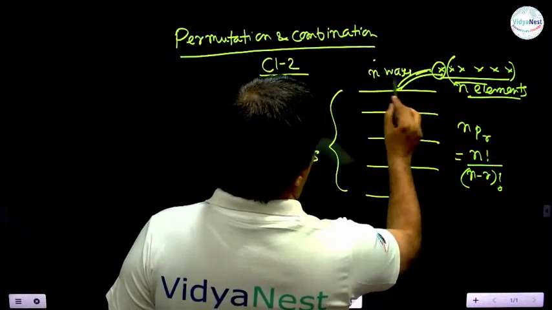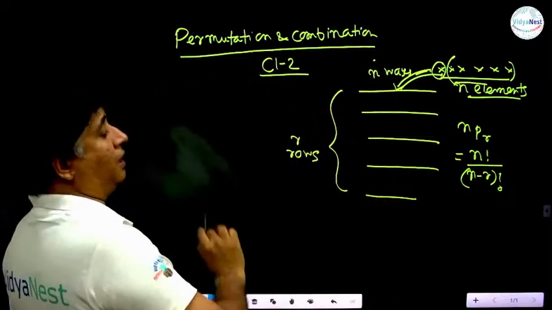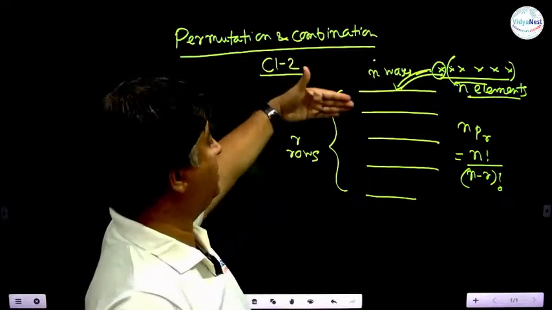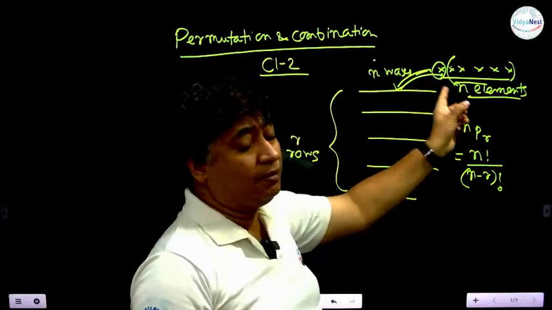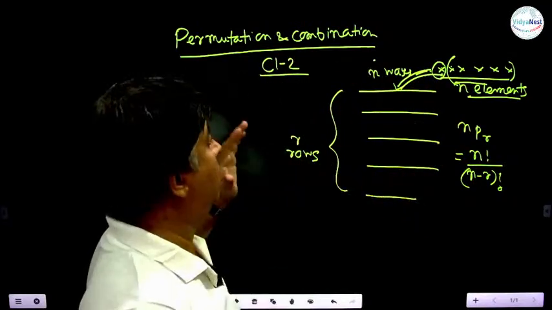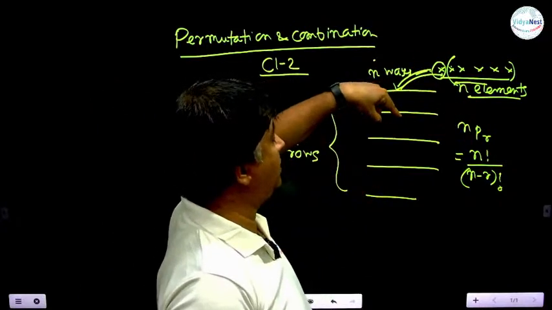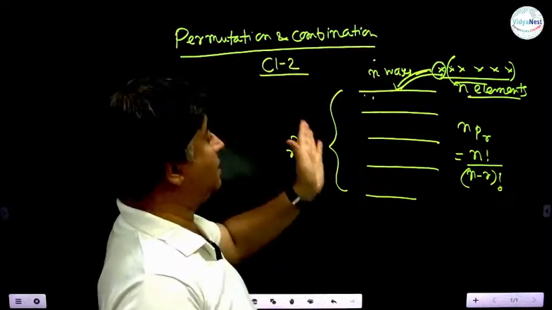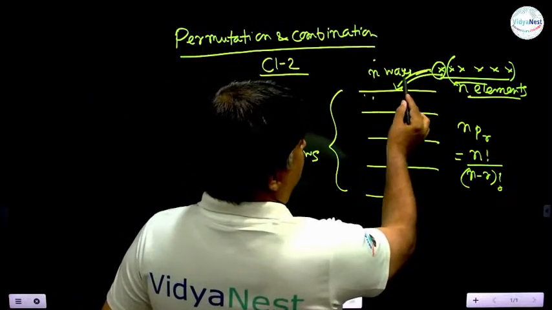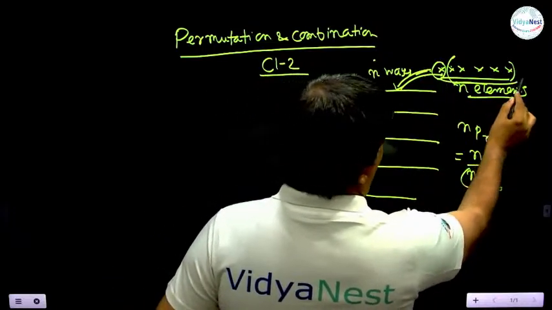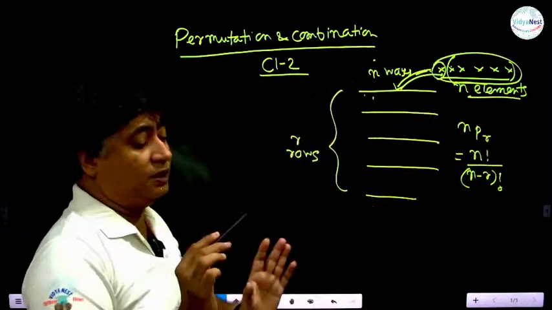In the previous case where repetition was not allowed, once the first element occupied the first place, then n minus 1 elements were waiting to occupy the second. But this time the element which you are calling, you are returning back. That means the total number of elements is not being reduced.